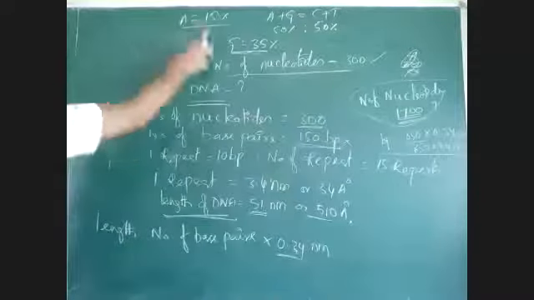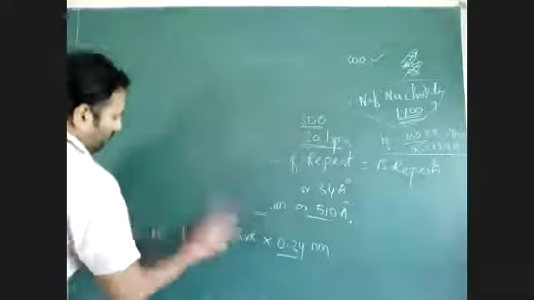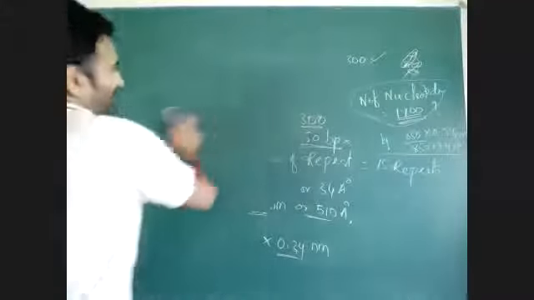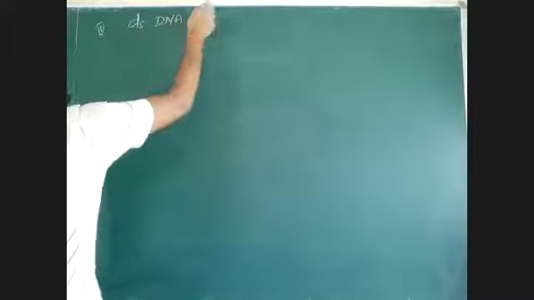Now, another model of question. Another model question. Fourth model. Suppose a double-stranded DNA is there.